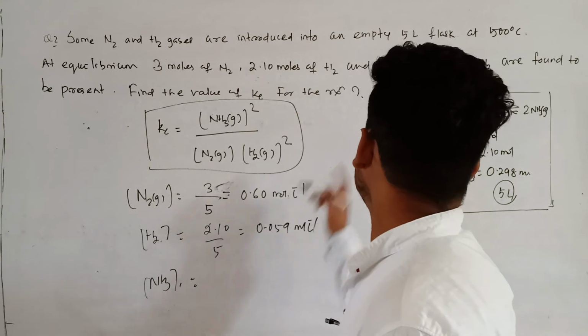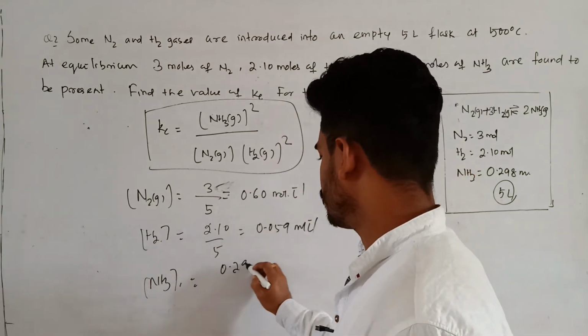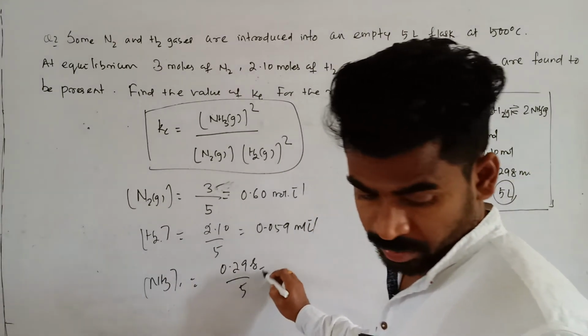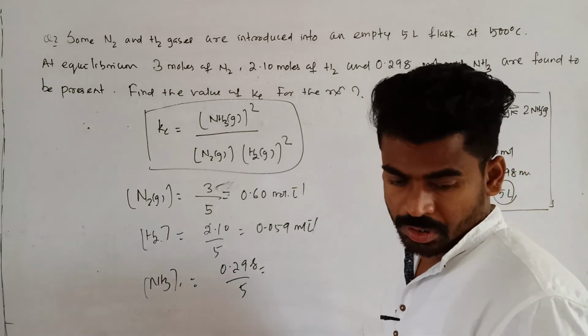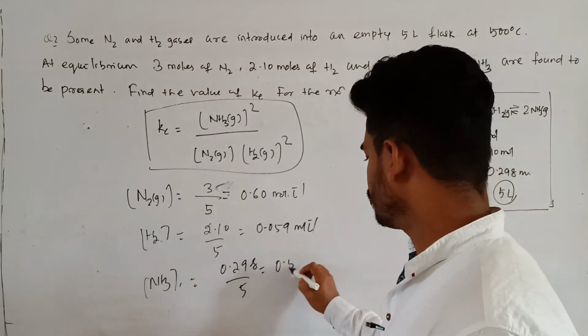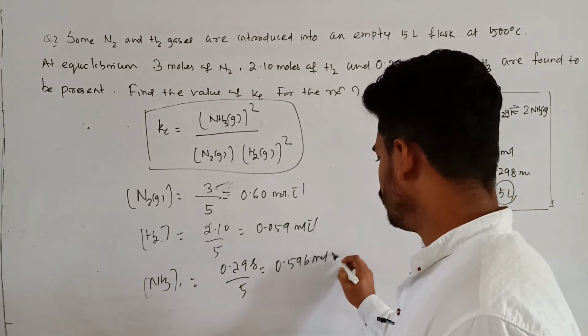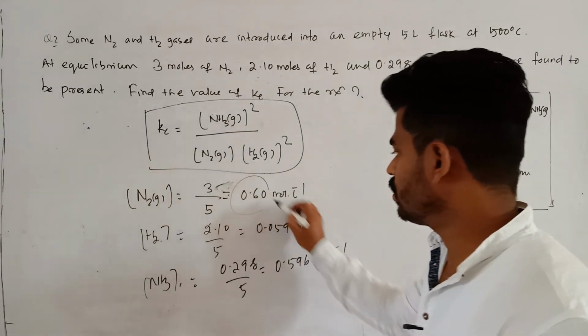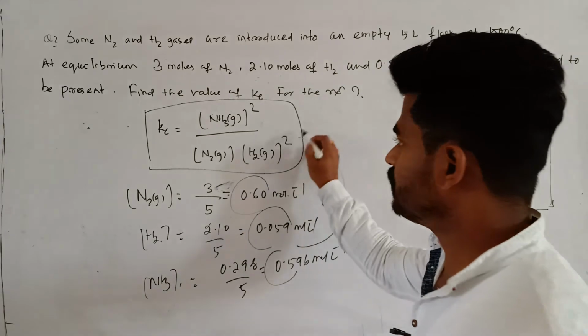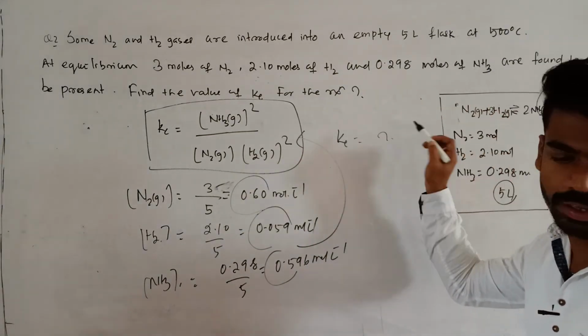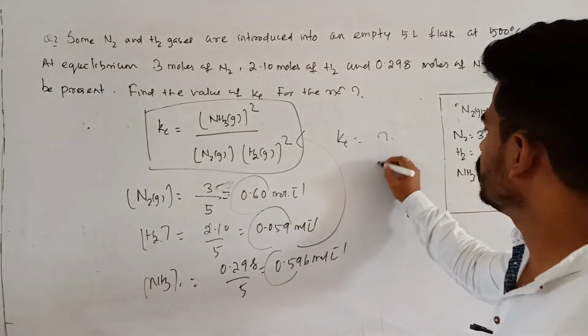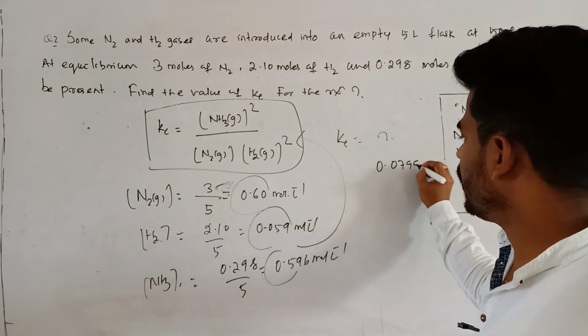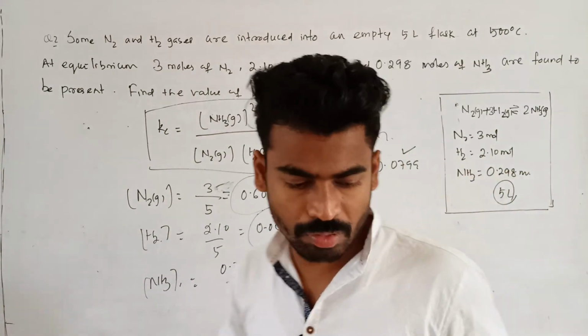That will be 0.298 divided by 5, equal to 0.596 mole per liter. Now you just substitute all these values in this expression and find out the value of Kc. That will be equal to 0.0799. That is the value of Kc.